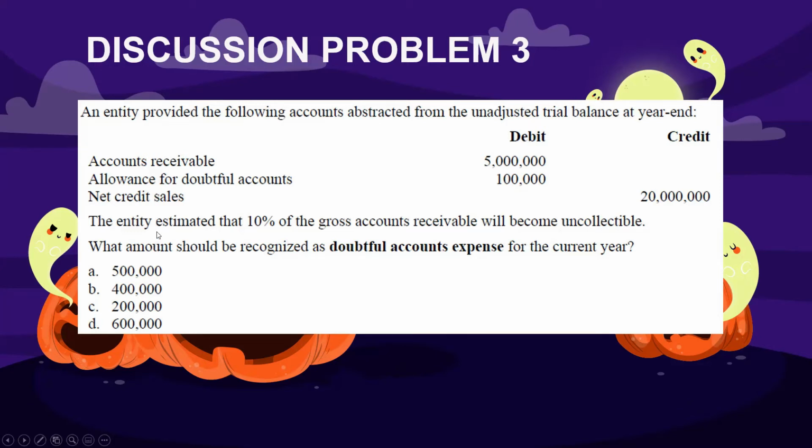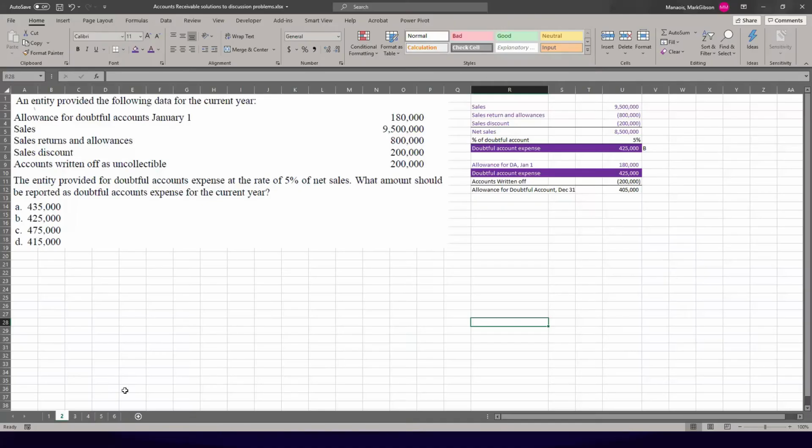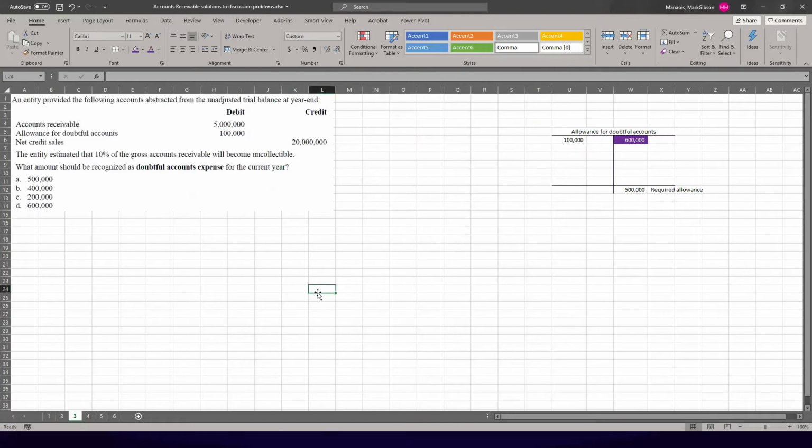The entity estimated that 10% of the gross account receivable will become uncollectible. So take note, class, the method used is percentage of accounts receivable, but this time it's gross. No? So what amount should be recognized as doubtful account expense? So let's have problem number 3.